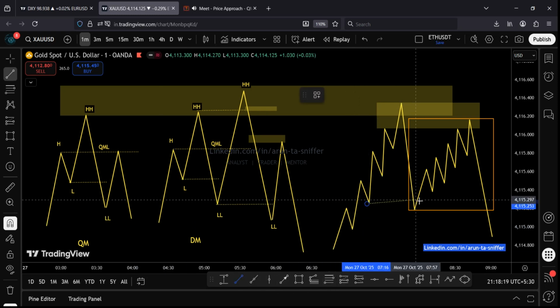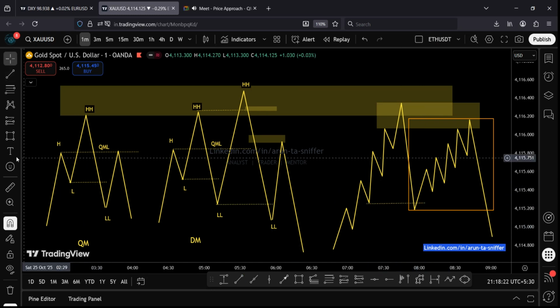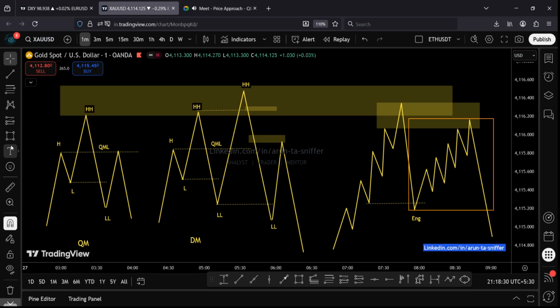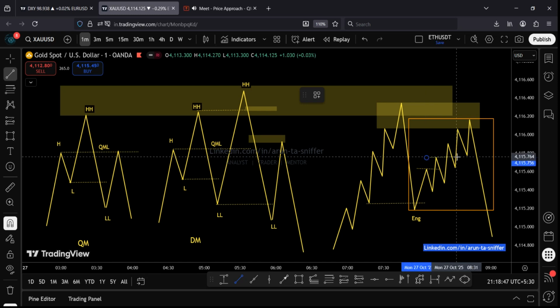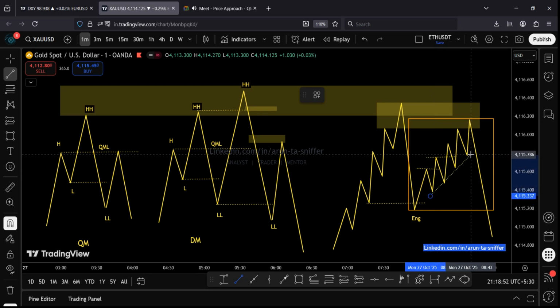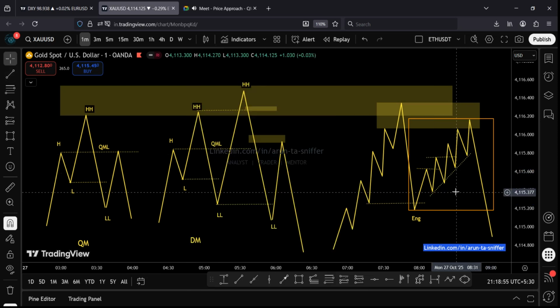Engulf to this zone, engulfing some zone and faking out some zone here. Here we don't have any zone, so what does price do? Price makes zones like this, like this, and gives the impression of making a trend, but this trend is a false trend, and it fakes out here.